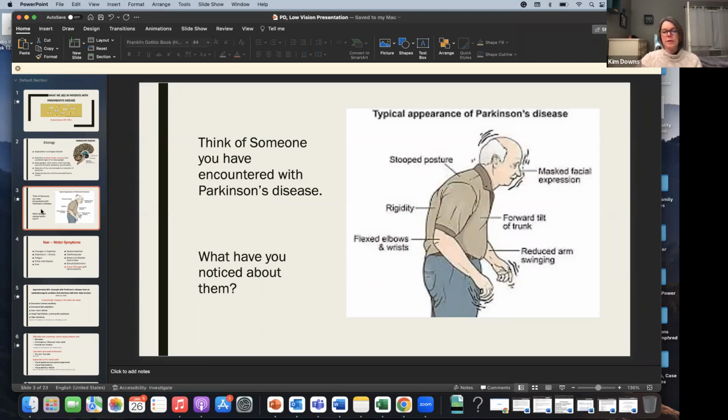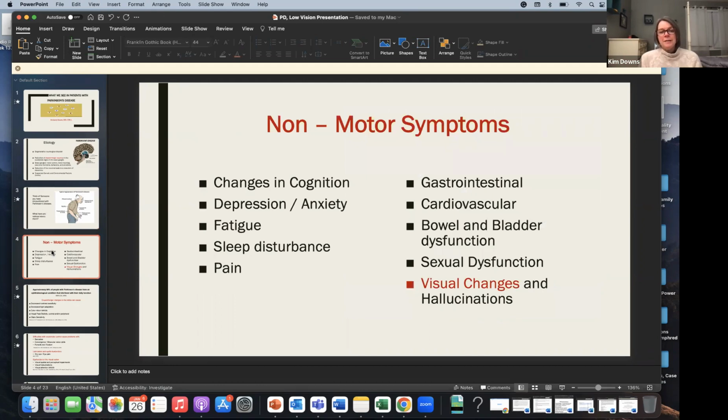As the disease progresses, these physical symptoms are stronger or more evident. What we tend not to see are the non-motor symptoms of our patients with Parkinson's disease until we get to know them a little bit better.